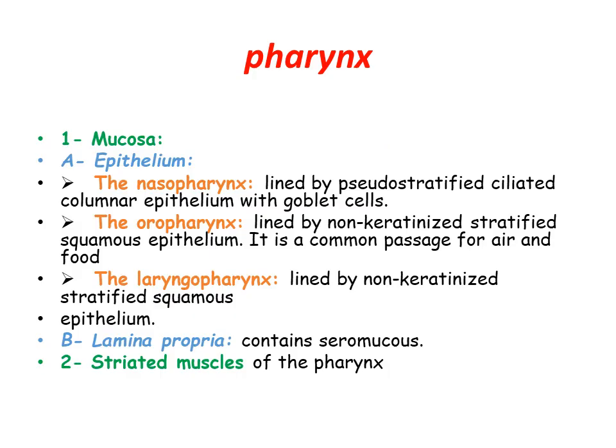Let us talk about the pharynx. That was a very informative review about alimentary tract histology. The pharynx, as we said in the previous anatomy lecture, consists of three parts: nasopharynx, oropharynx, and laryngopharynx.